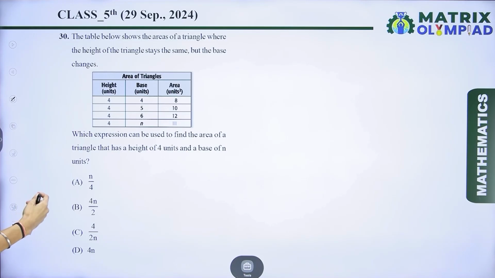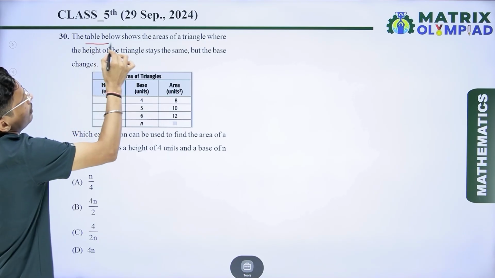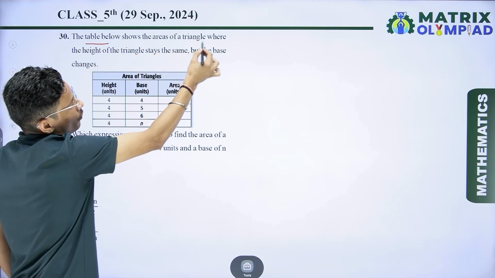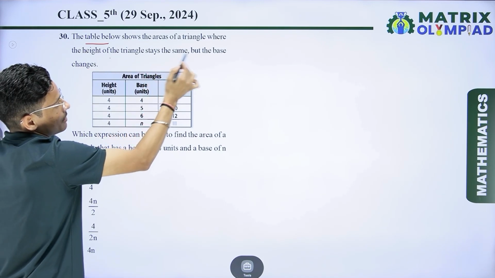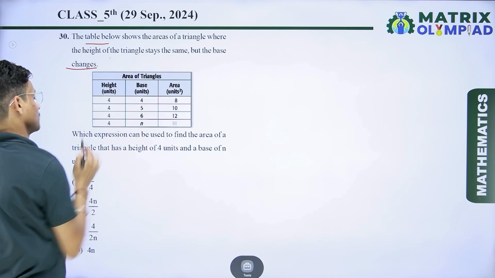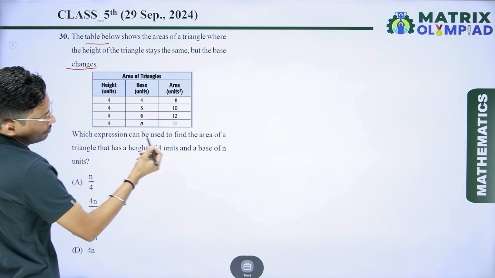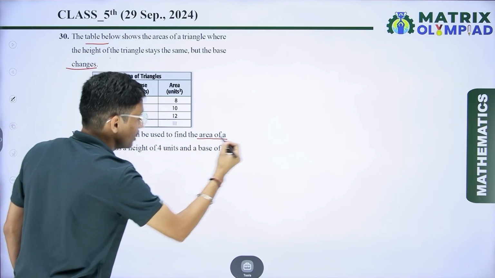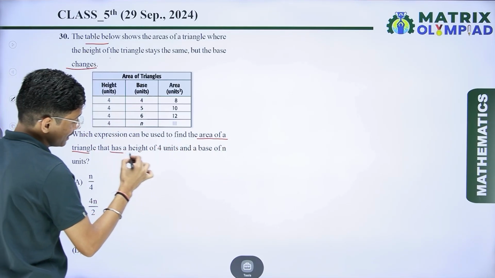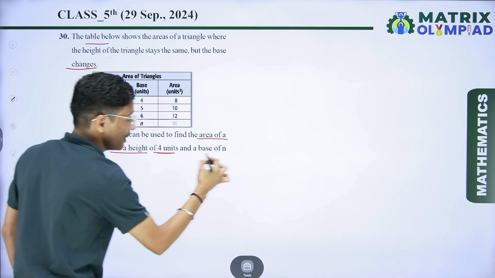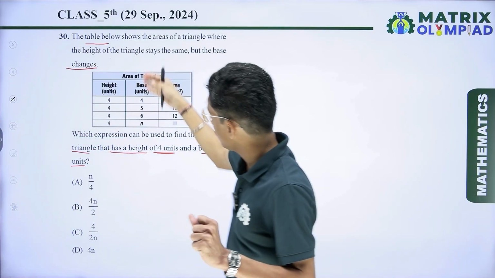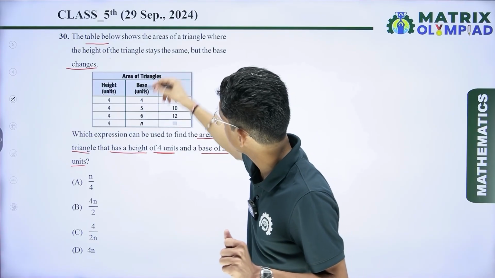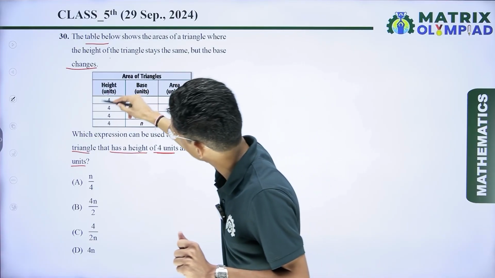Now if I talk about the next question, the table below shows the area of a triangle where the height of the triangle stays the same but the base changes. Now which expressions can be used to find the area of a triangle that has a height of 4 units and base is n units? So here we have been given a table with base and area, and height is the same.